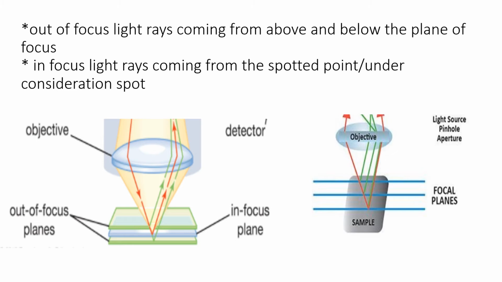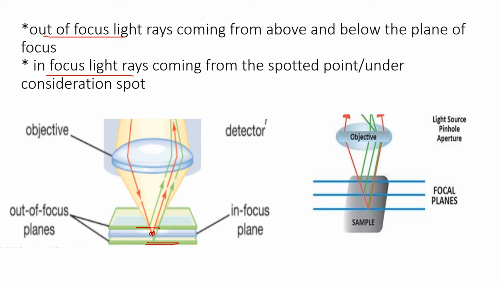But before that, let's talk about what are out of focus and what are in focus light rays. Out of focus is simply the light rays coming from a non-considered point. Like, let's say we just want to consider this point. So light rays are also generating from this background and from this background. Okay, so what are we doing? We are just taking these light rays coming from the spotted point.